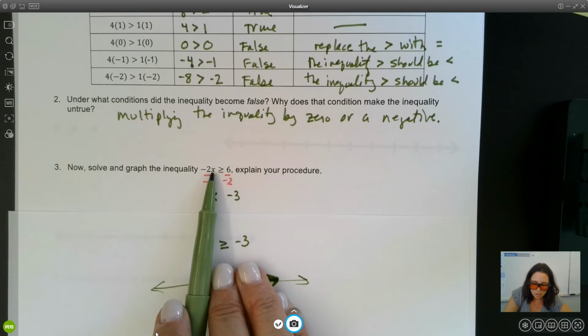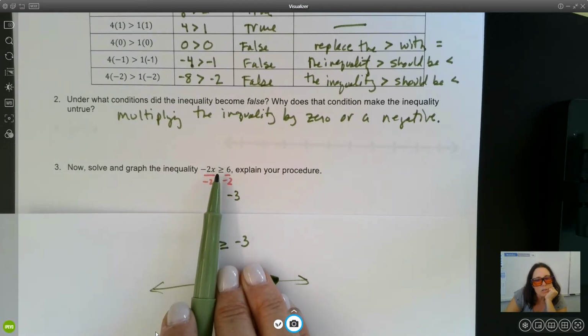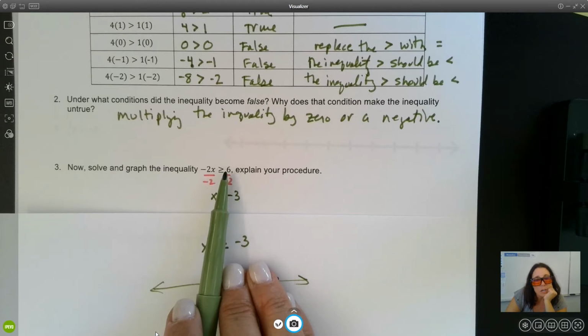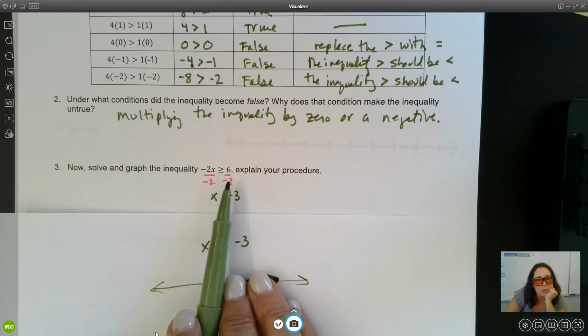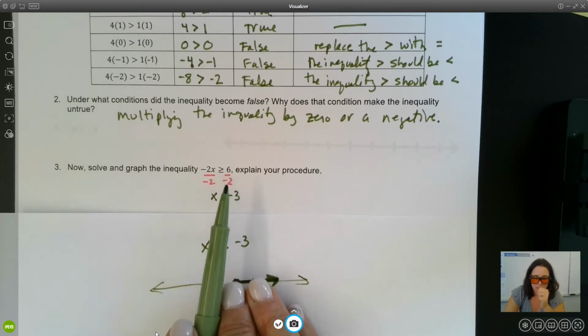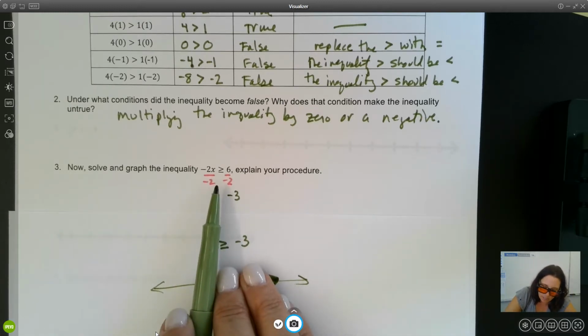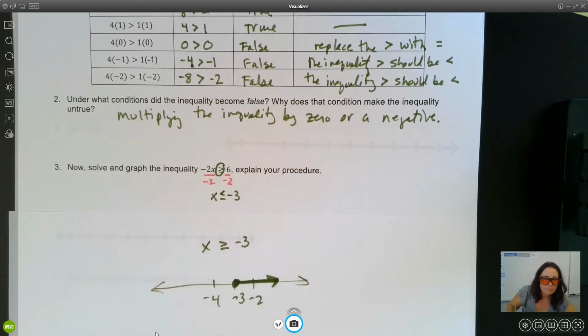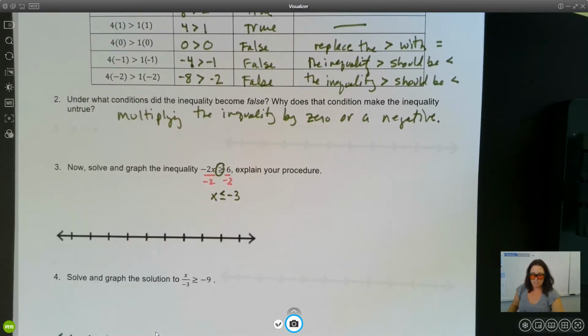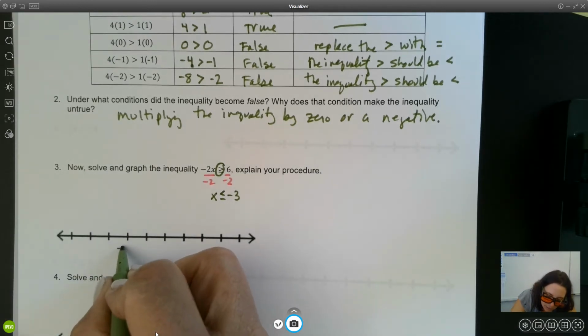If we plug in a 0, -2 times 0, is 0 larger than or equal to 6? No. So when you divide by a negative number, remember that's like multiplying by a negative number, right? This inequality right here has to flip the other way. So let me demonstrate that.